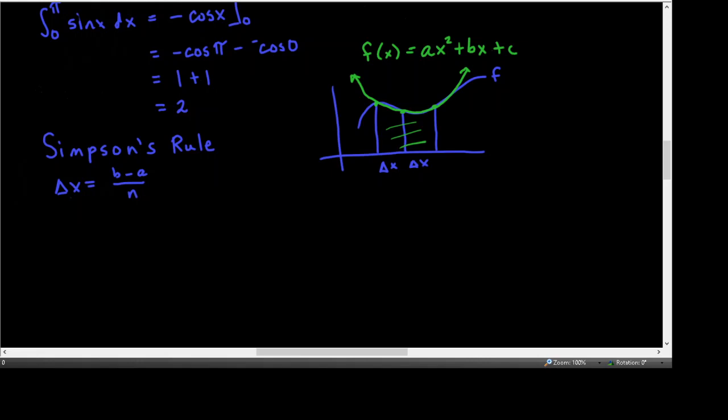So one of the things that is going to be true is that n must be even so that you can pair things up. Every problem they're going to give you, n will be even. No worries. But if you had to do this on your own with your own problem, you would want to make sure that n is even if you want to use Simpson's Rule. And again, that's assuming you don't know how to anti-differentiate your function. Otherwise, you would just use the fundamental theorem of calculus, like we always have.